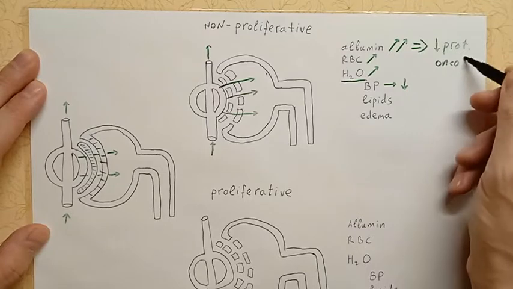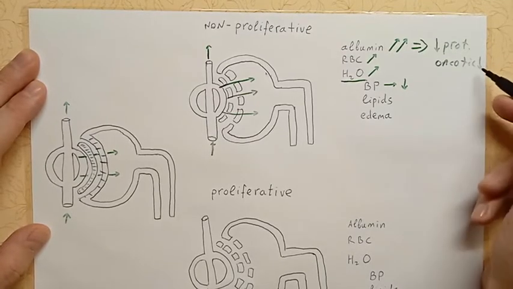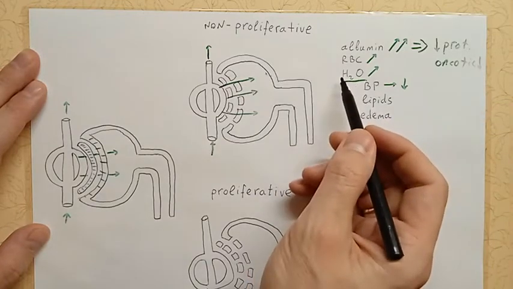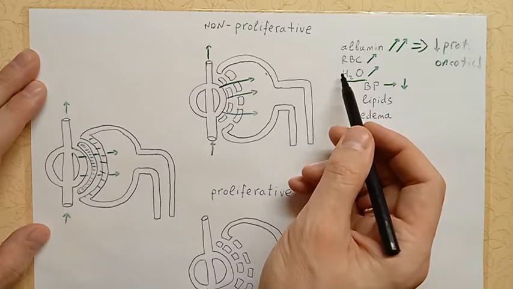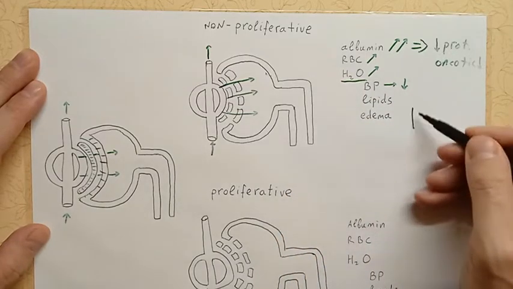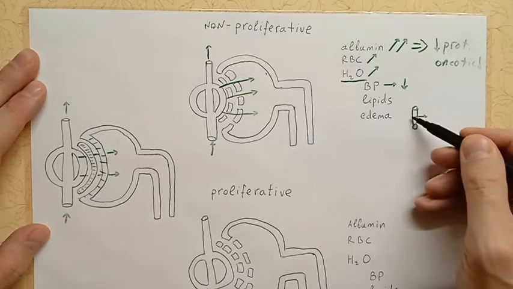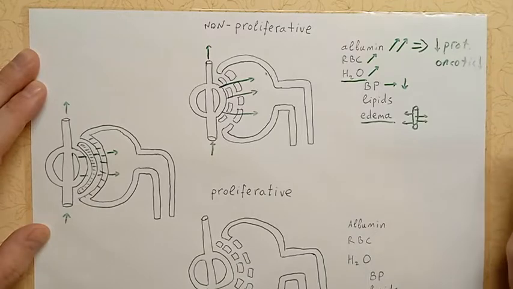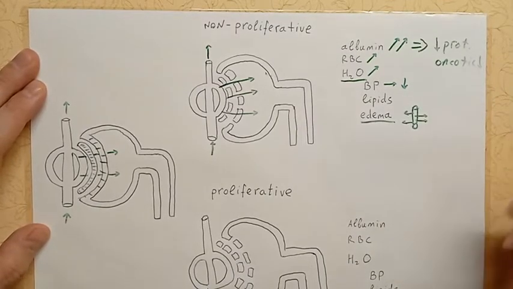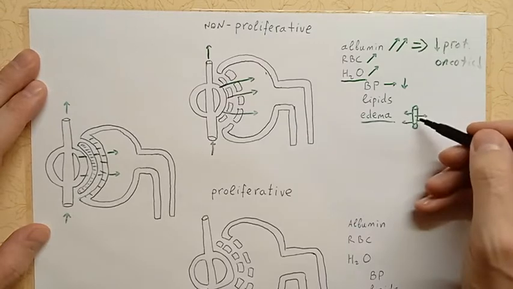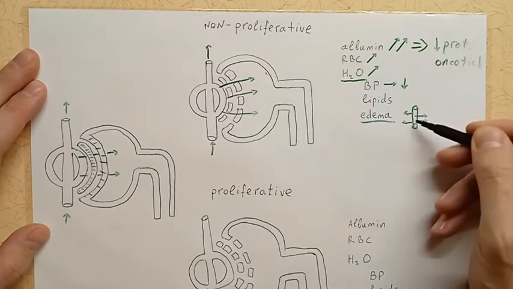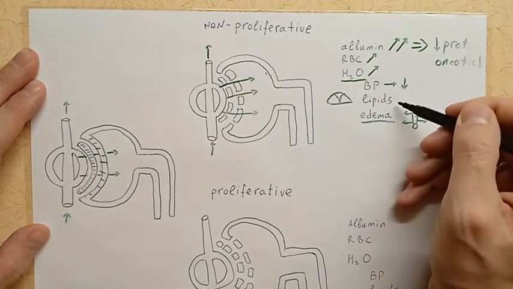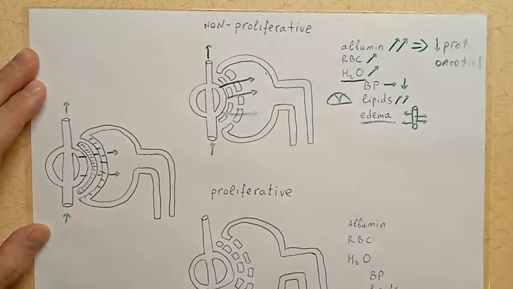Oncotic pressure will be lower. That will cause the liquid part of the blood to go from vessels to tissues. This will cause edema. To prevent this event, the liver will increase the synthesis of lipids into the blood.